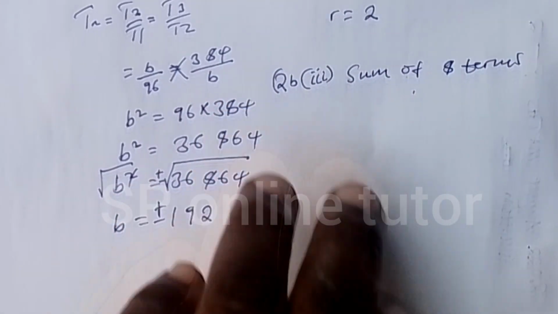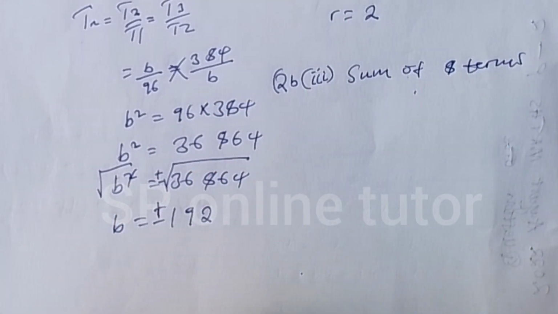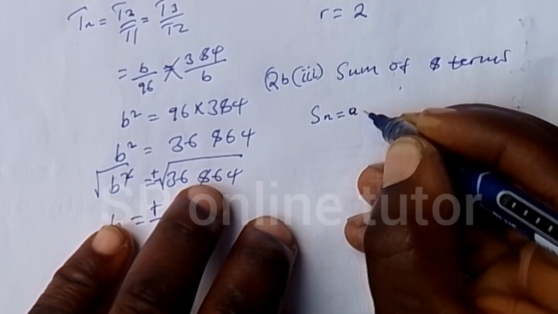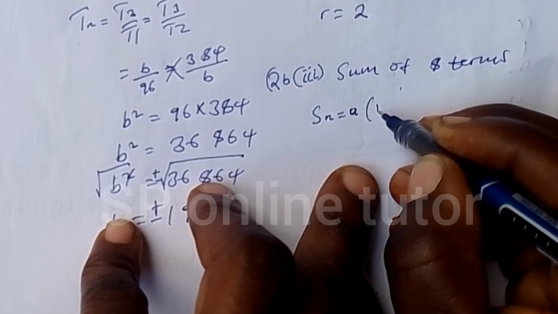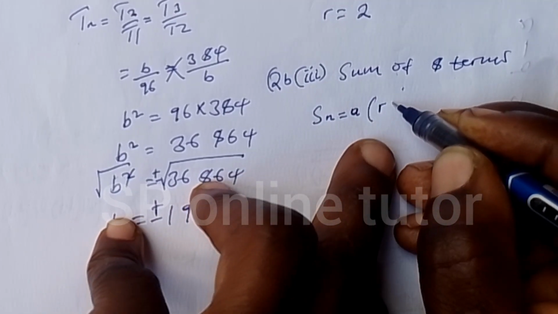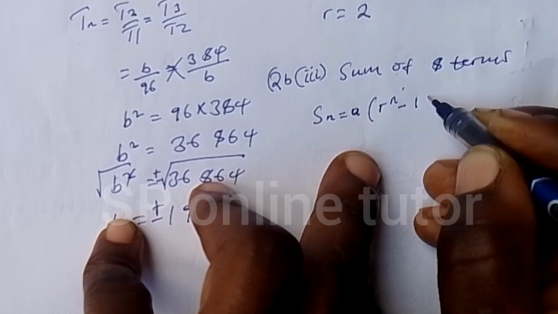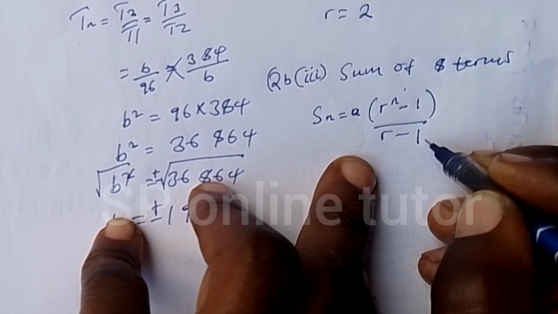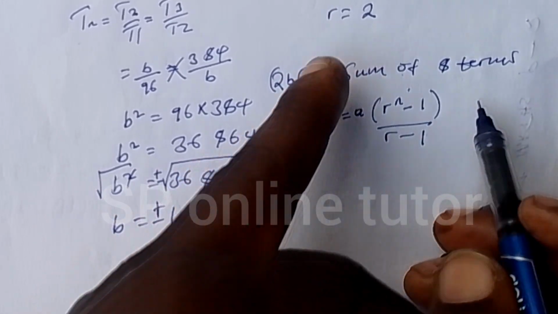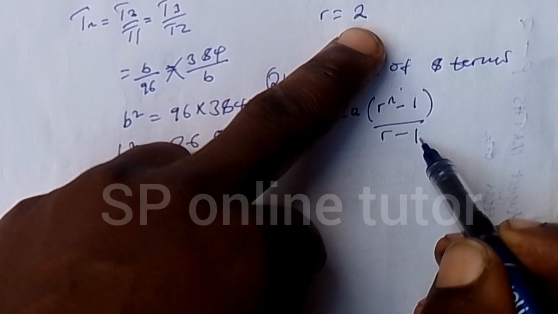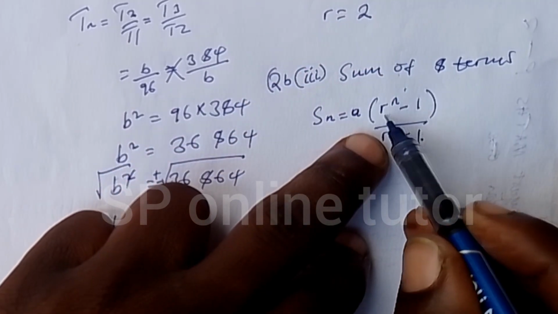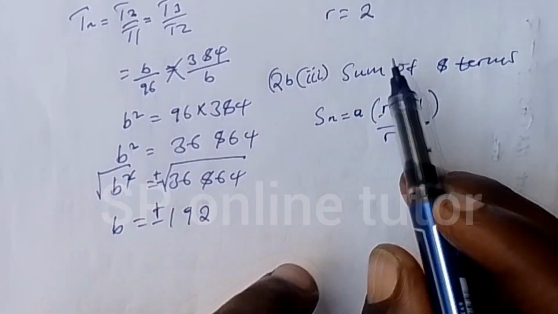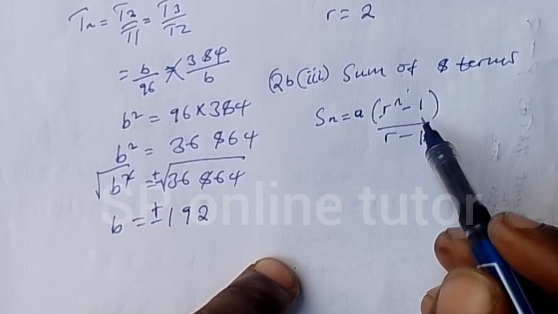For us to find the sum, the formula is Sn equals the first term times the bracket r to the power n minus 1, over r minus 1. But when the common ratio is less than 1, then you have to use 1 minus r to the power n. Here our r is greater than 1.